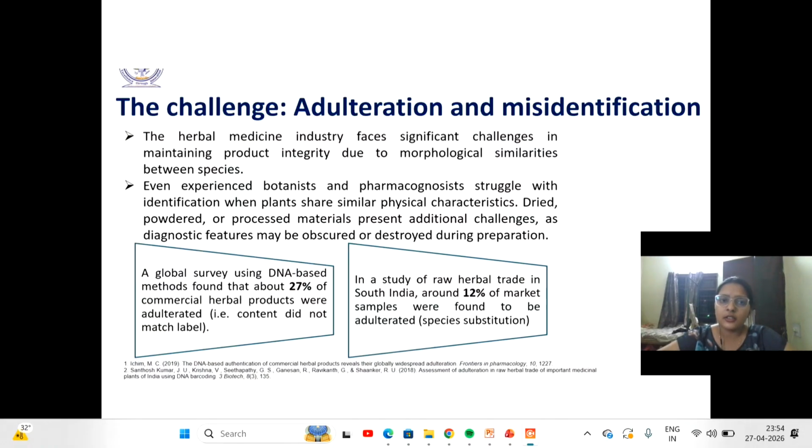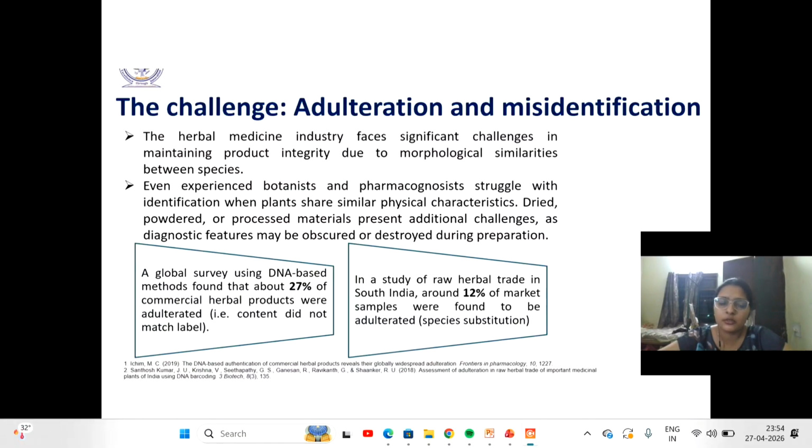Even experienced botanists and pharmacognosists struggle with identification when plants share similar physical characteristics. They face the problem of identifying the real source. Dried, powdered, or processed material presents additional challenges, as diagnostic features may be obscured or destroyed during preparation.